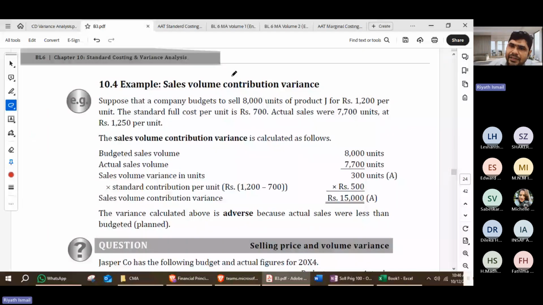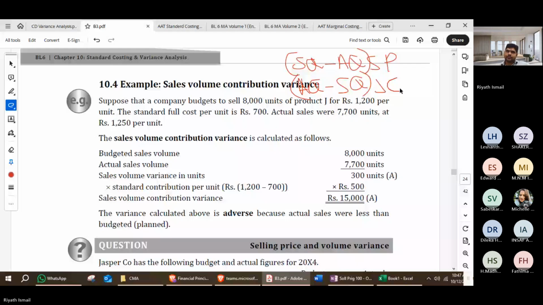Normally in the price variance, what we do is standard quantity minus actual quantity into standard price. But here it is the other way around: actual quantity of units minus standard or budget quantity into standard contribution, not price, contribution.